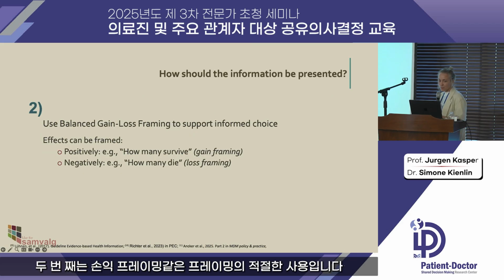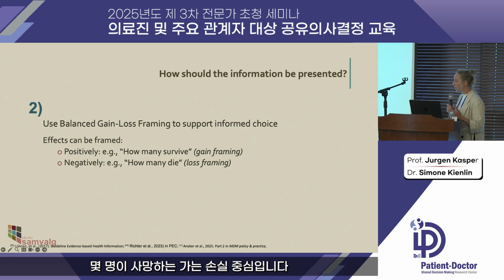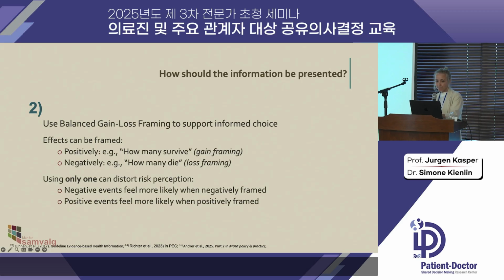The next one is using framing, like loss and gain framing, to support informed choice. Effects can be framed positively, how many will survive, that's gain framing, or negatively, how many will die.